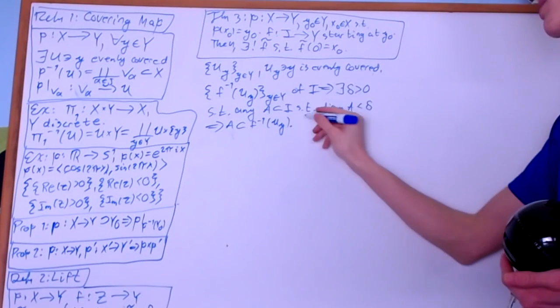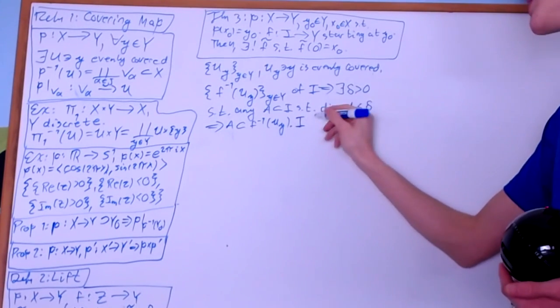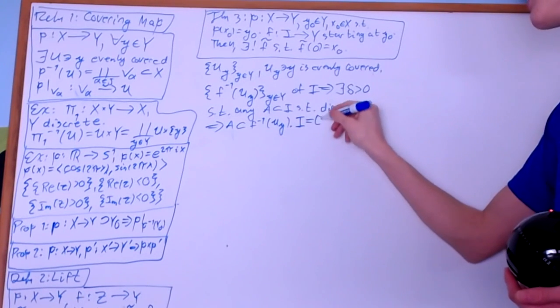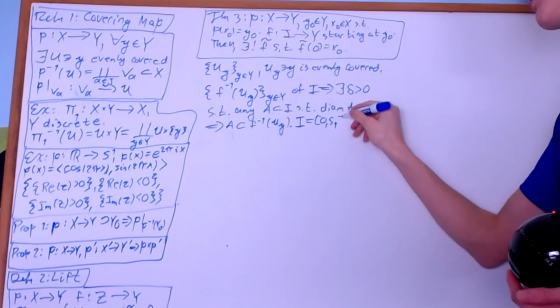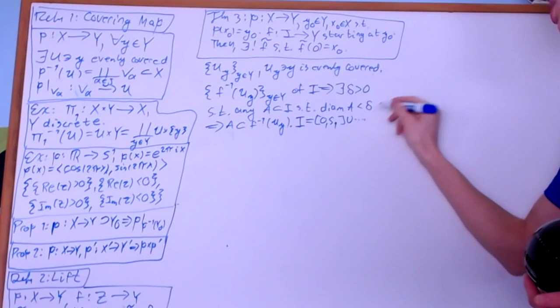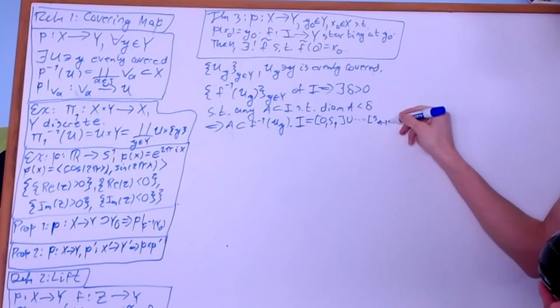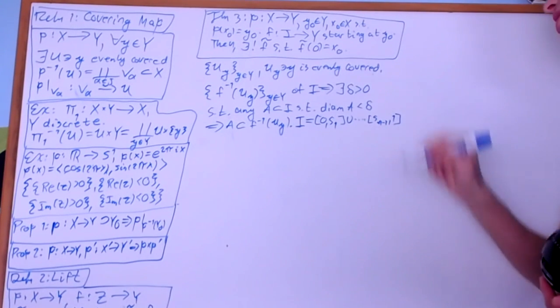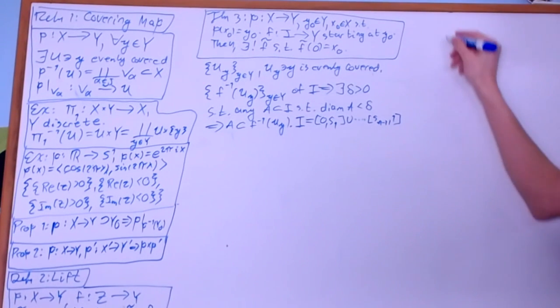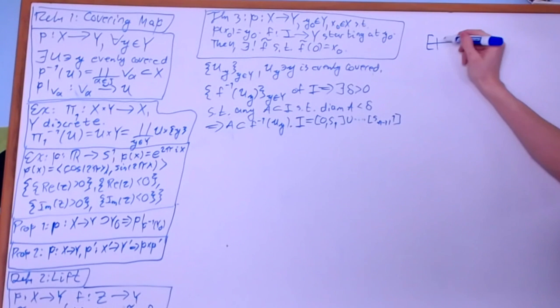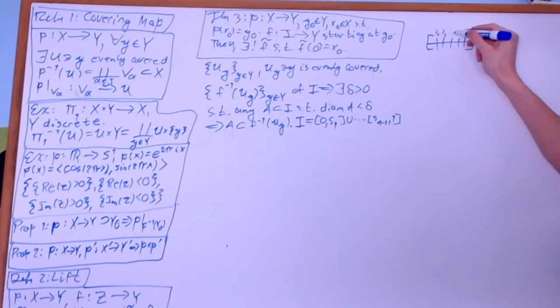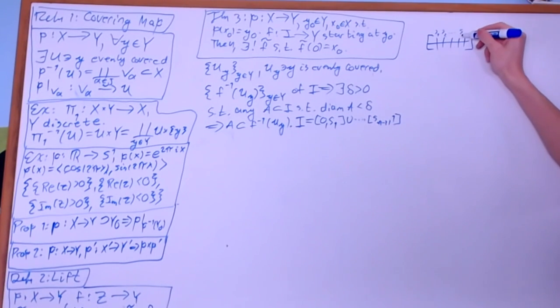Well, it means that if I can create a partition of the interval, let's say 0 to S1, unioned all the way up until Sn minus 1 to 1. So if this is our interval right here, we've just split it up into a bunch of different segments: S1, S2, all the way up until Sn minus 1.